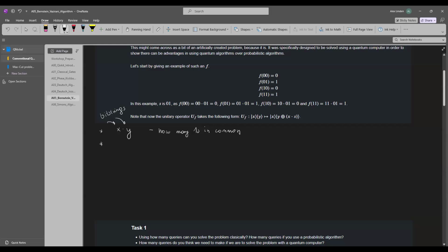Now the interesting property of that is that if we're using x dot x, since all of them will be at the same position because it's the same string, then it will just tell us how many ones are in x. And then what we will be using is modulo 2.